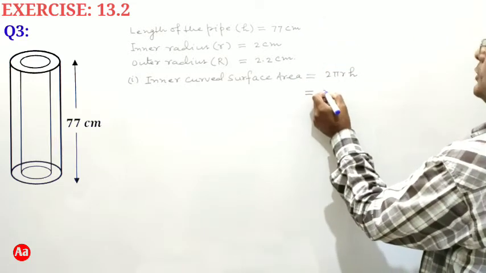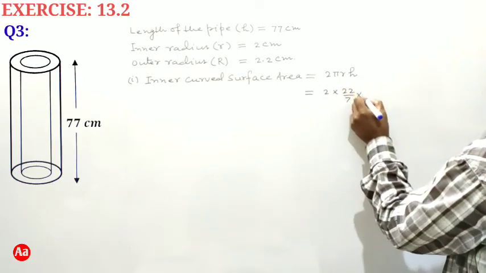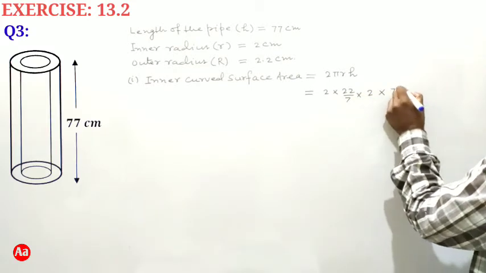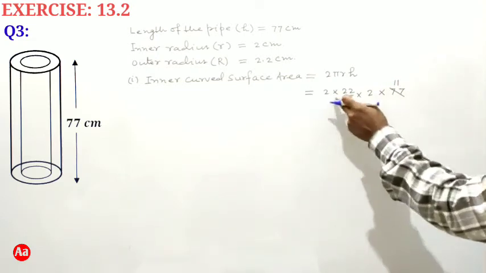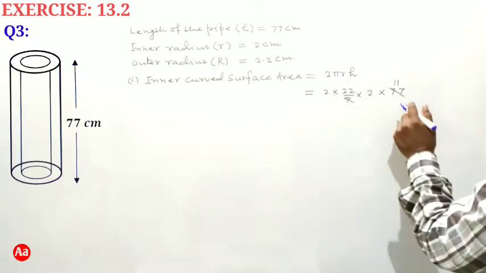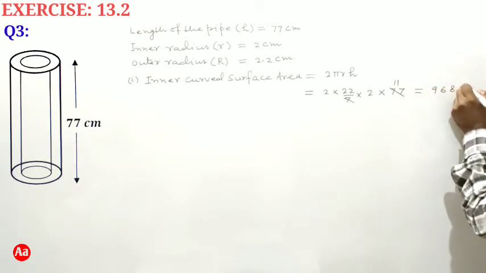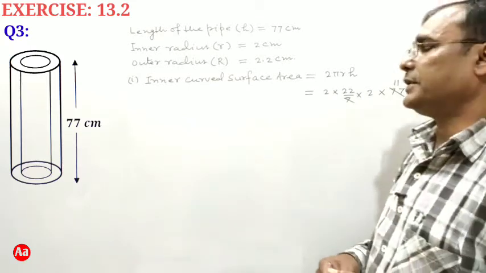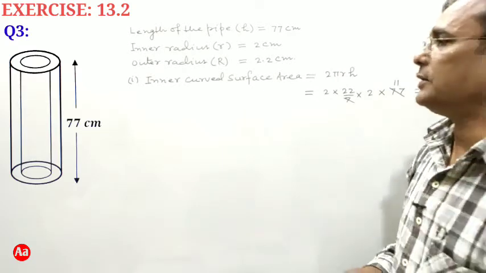So this is equal to 2 into 22/7 into 2 centimeter radius into 77 centimeter. 7 11s are 77, 2 into 2 is 4, 4 into 11 is 44, 44 into 22, this is equal to 968 centimeter square. So inner curved surface area of the pipe we have found 968 centimeter square.